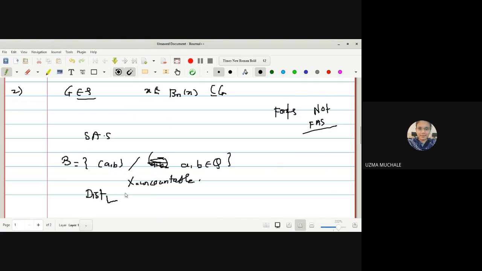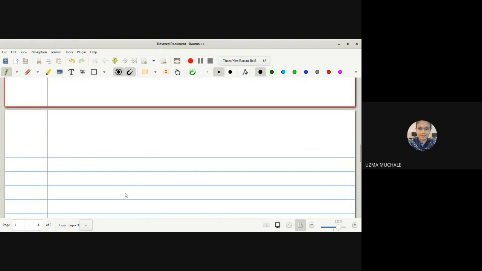I can classify these as properties of FAS and these as properties of SAS. So you can write here that the discrete topological space is FAS, but it is not SAS, under the consideration that X is an uncountable set. A small hint for this one is, if X is uncountable, how are you able to find a countable base?